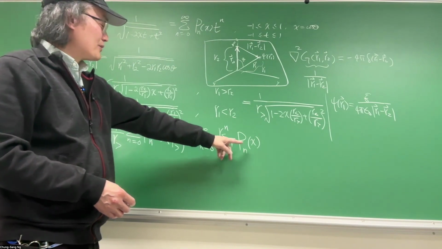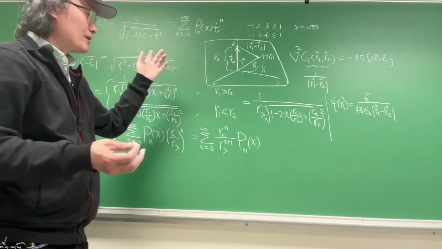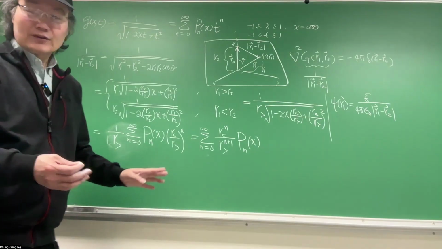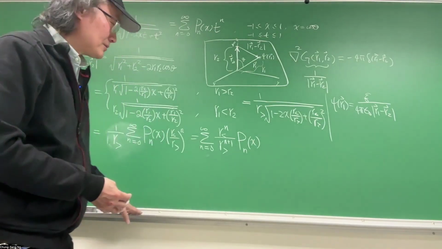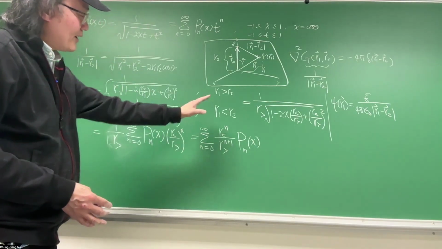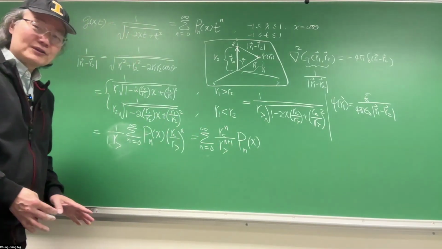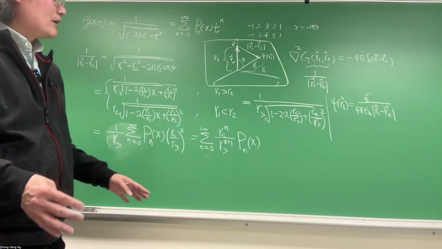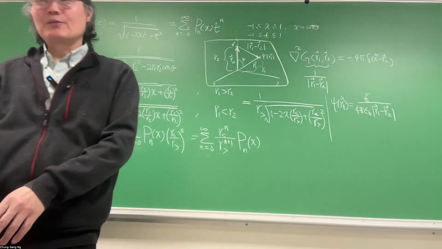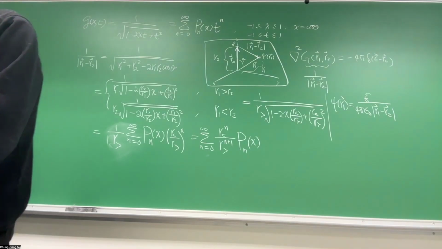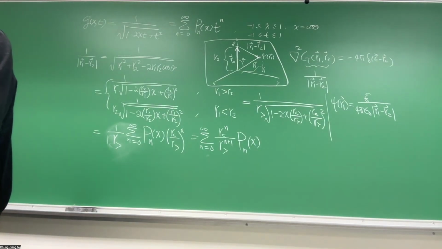It's not a very simple function, but because of the orthogonal property of this Legendre polynomial, sometimes doing integration using Legendre polynomials would be easier. So sometimes you want to do an expansion like that. Okay, and I think that's the first part.